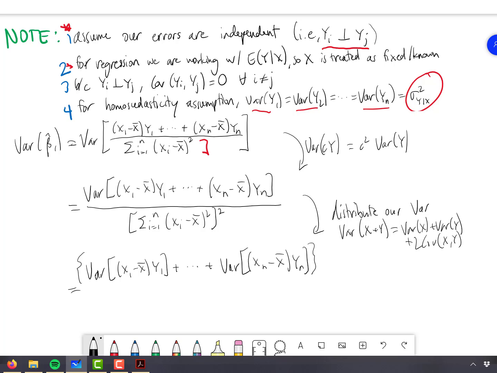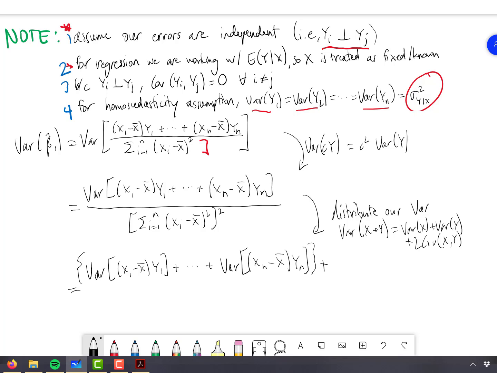Or in our case, y1 and y2, y1 and y3, y1 and y4, all the way up to y1 and yn, basically all of our possible combinations, then starting again at y2 and y3, y2 and y4, and so on.